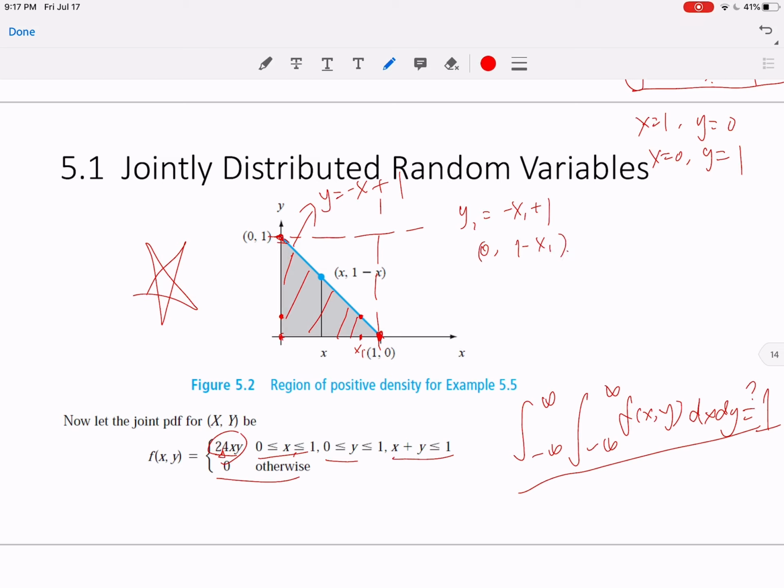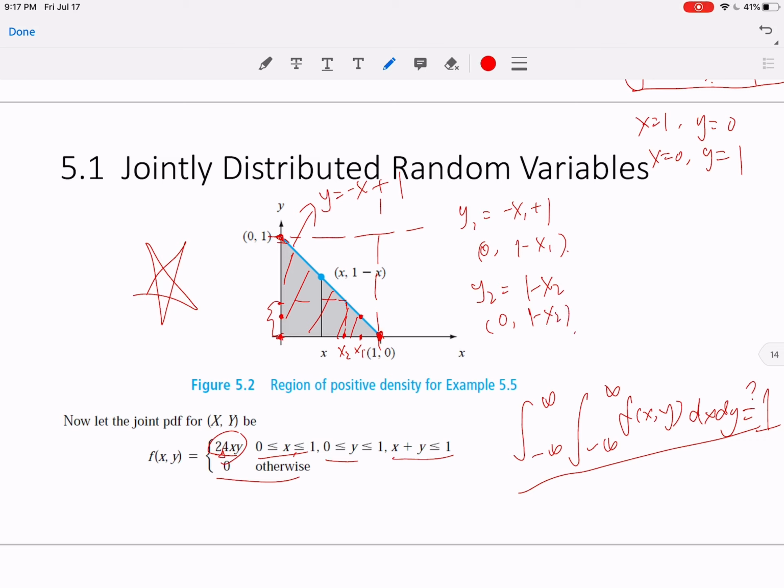If x2 is here, if we let x is equal to x2, then y2 is going to be equal to 1 minus x2, right? Then the interval of y value is going to be from this origin to this point over here, which is from 0 to 1 minus x2.